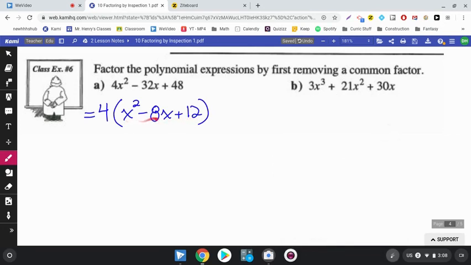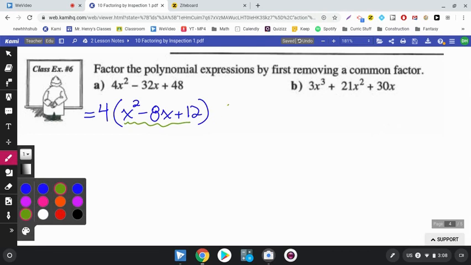Well, there you go. So I factor out the common factor, and now I can factor just this piece in the brackets, x squared minus 8x plus 12, because you'd say, okay, multiply to 12, add to negative 8. And you find that magic combo.